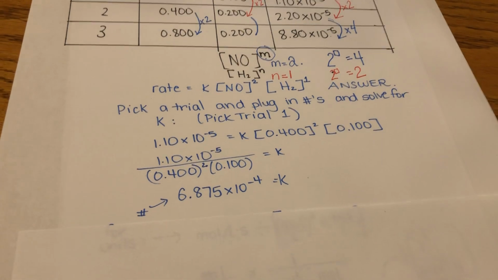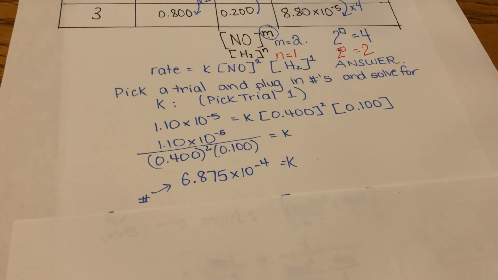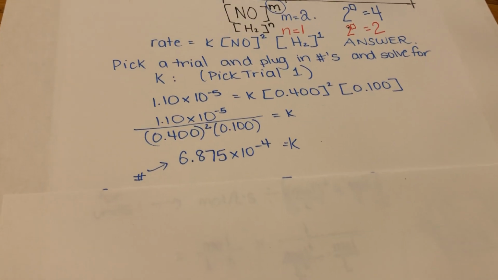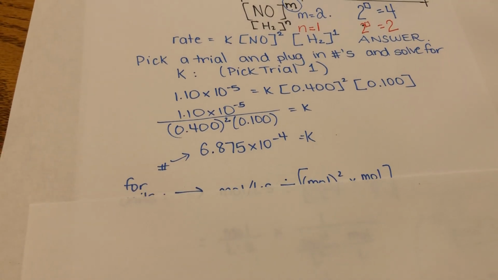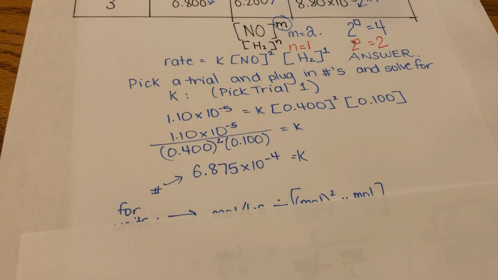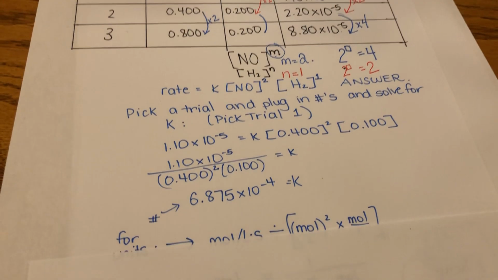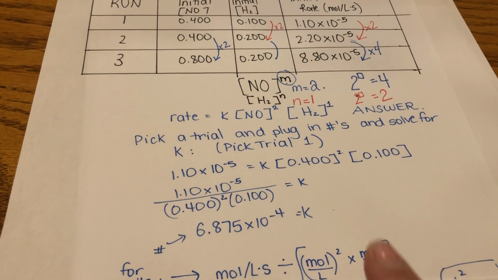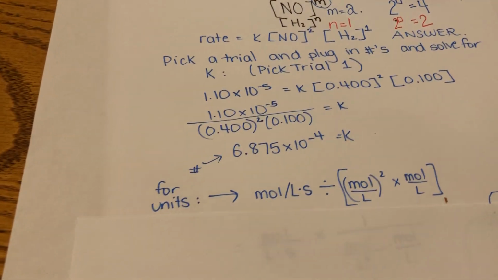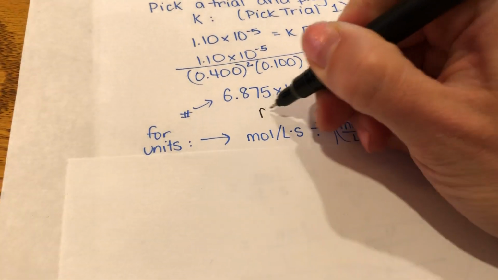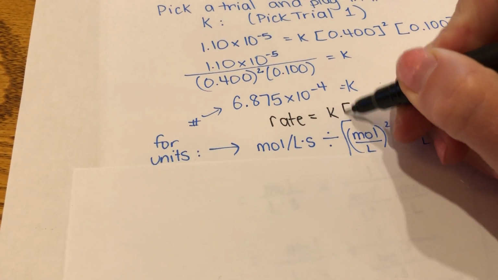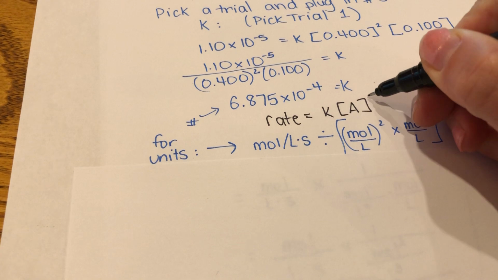Okay, so when you're solving for the rate constant, you also should have units. The way I do it is I solve for units separately. Okay, so for units, again, if you want to write this out clear, you're doing rate equals K times concentration.